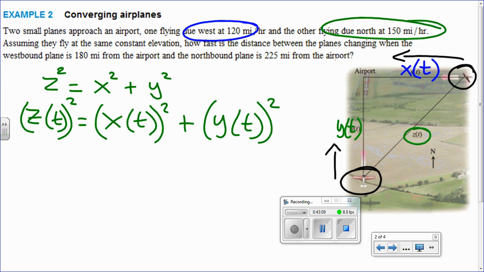And so that's going to be, with respect to time, so we will say dz, actually, we use power rule, yes, 2z and what are we using? d what over d what? dz over dt.